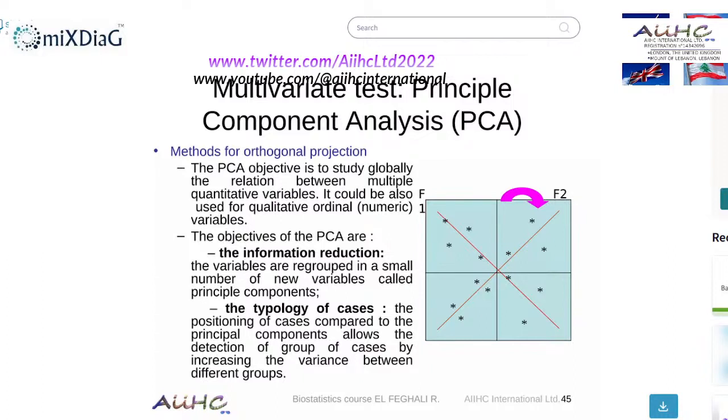Usually the variables are the dimensions, your space. You would like to reduce the number of variables to 2, to project and see how your observations are grouped. Let's give a concrete example.